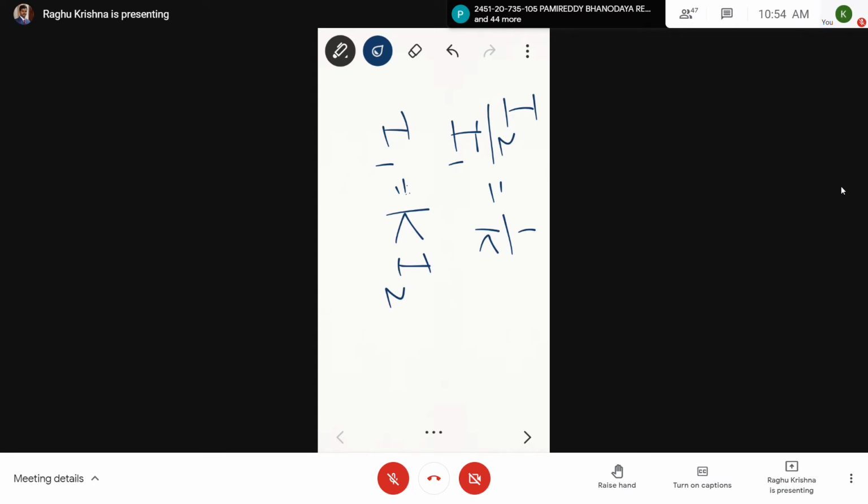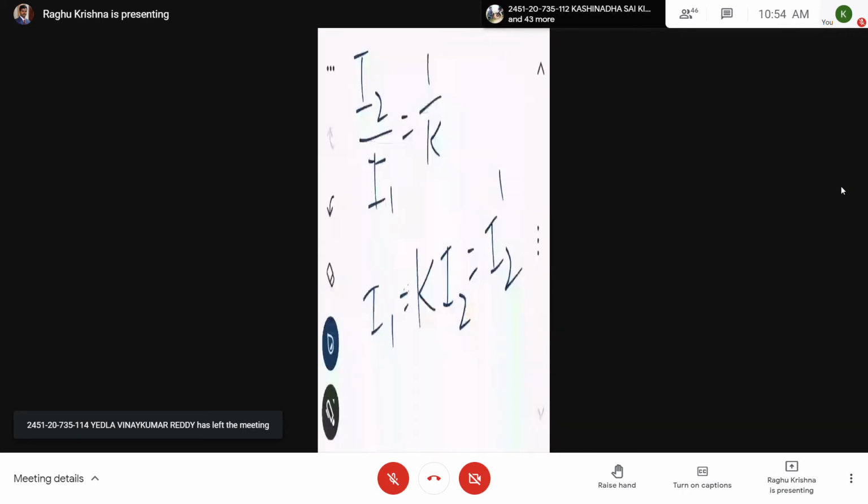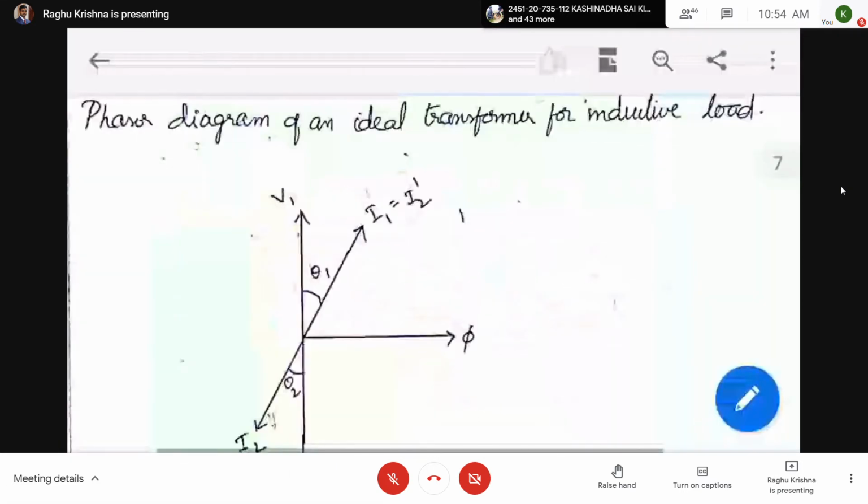So this can be written as I2 dash. Now what is I2 dash? K into I2 is the I2 dash. So here in the phasor diagram you can see I1 is equal to I2 dash. What is I2 dash? K into I2.